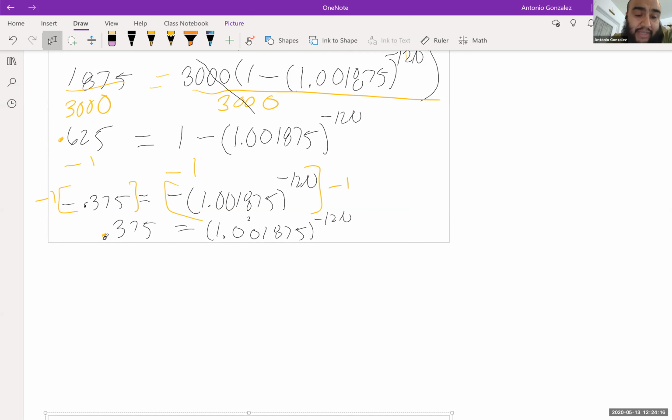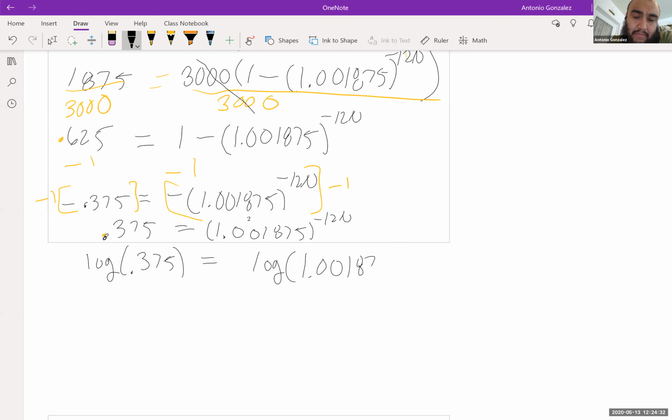So from here, I'll take the log of both sides. So we'll take log of 0.375, log of the other side. And the purpose of this is to use the property of logarithms where I can take the exponent and make that into the coefficient.